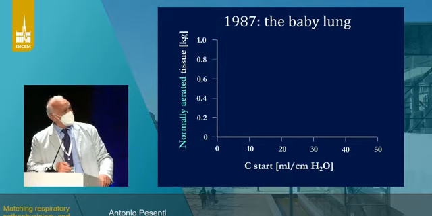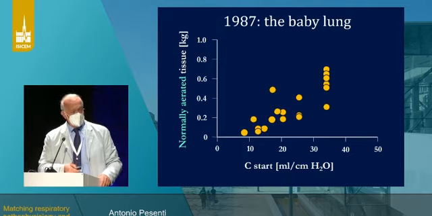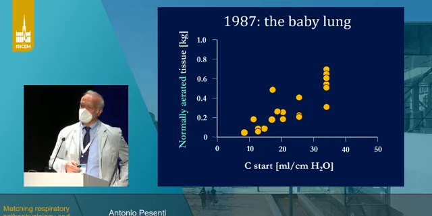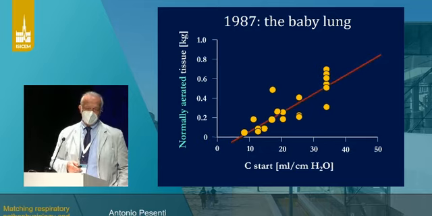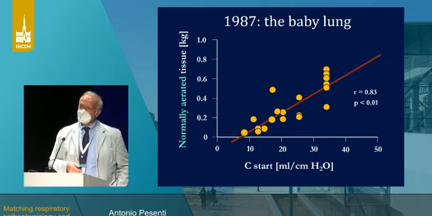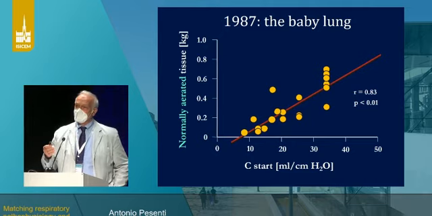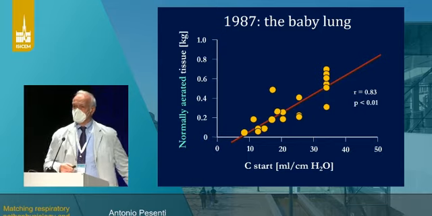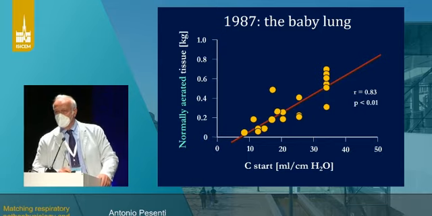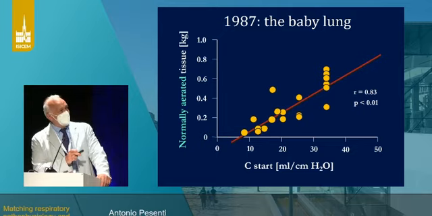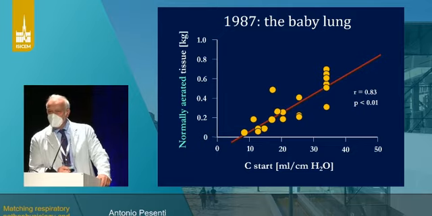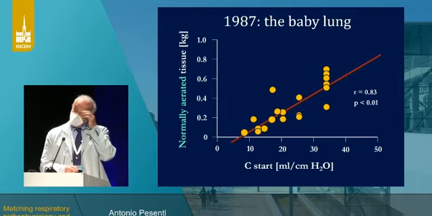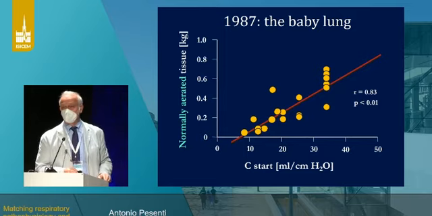CT scan allowed also the demonstration, the evolution of the concept of baby lung, the fact that the ventilated regions are the ones that can get damaged by ventilation, and moreover, compliance is proportional to the amount of ventilated lung.